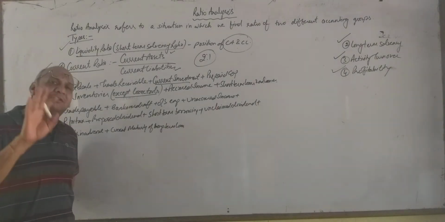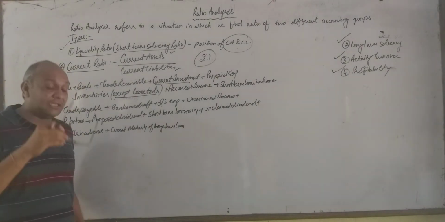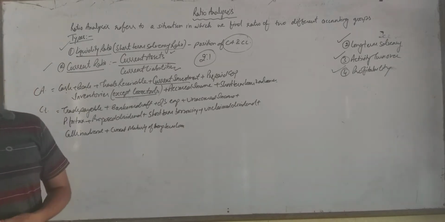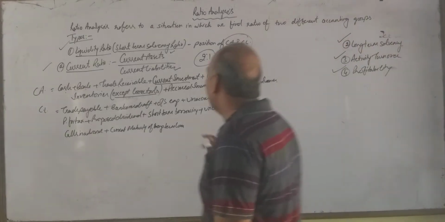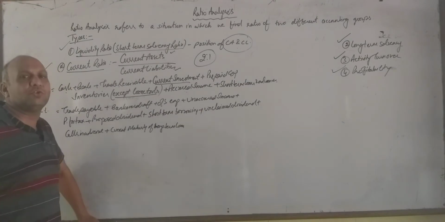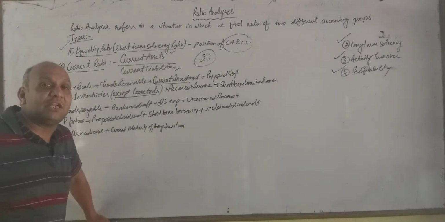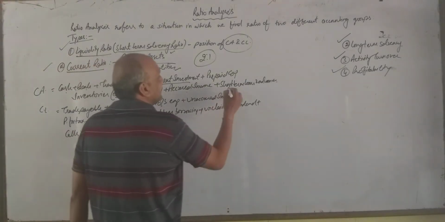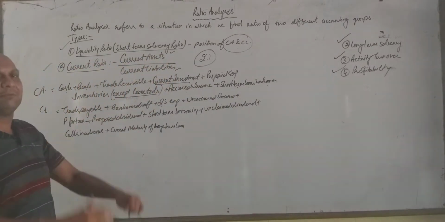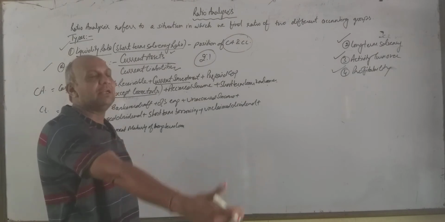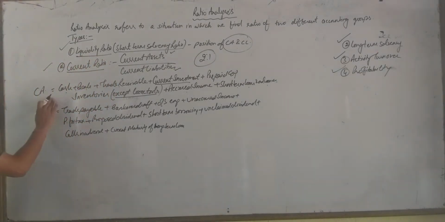Though loose tools are always current assets, in this chapter of ratio analysis, loose tools won't be considered current assets. That's why I have written the words except loose tools. Then next is accrued income, the income which is earned but not received. And then short-term loans and advances, the loans or advances given by our business to anybody else. So all these are known as current assets.